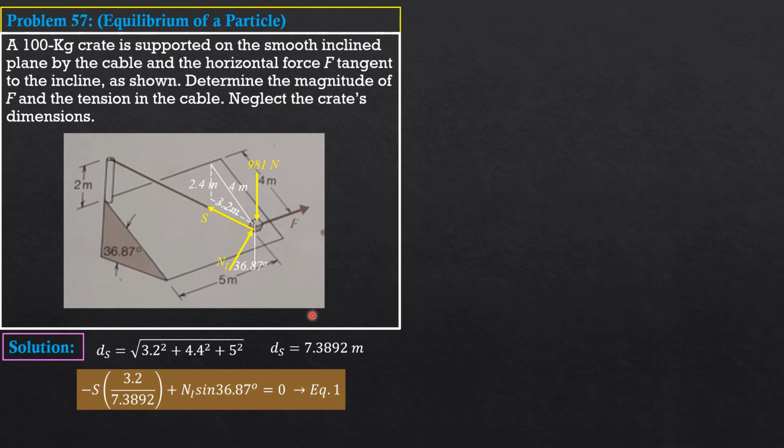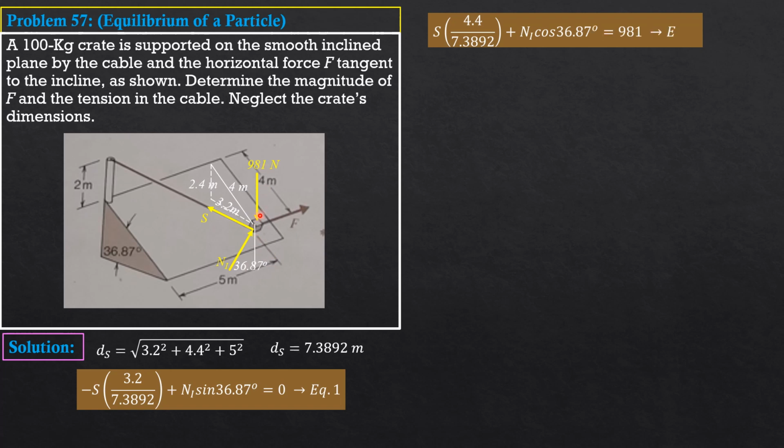Then summation forces Y, S times 4.4 over distance, then plus N1 cosine of 36.87, the vertical component of N1, then equals 981. Equation 2. Then finally, along this axis, the component of S is S times 5 over distance, then N1 has no component, 981 has no component, then minus F equals 0.